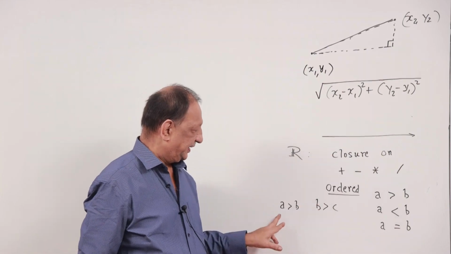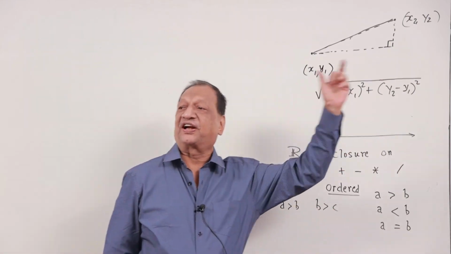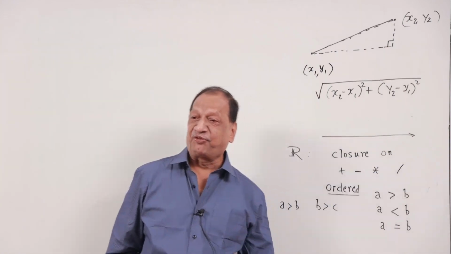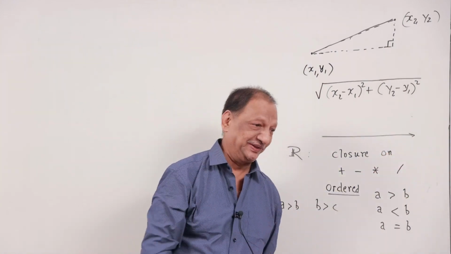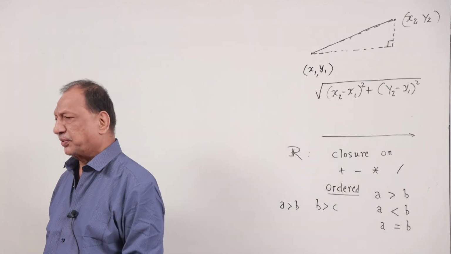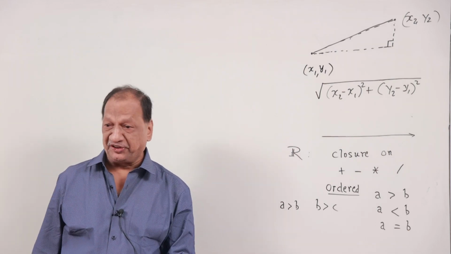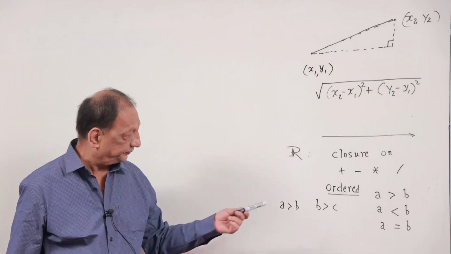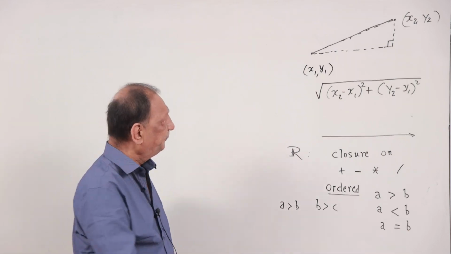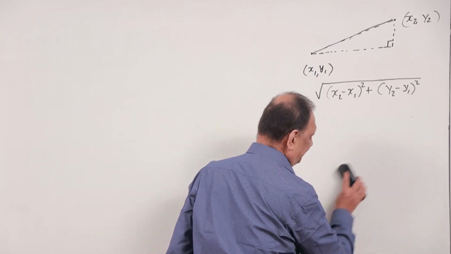If A is greater than B, A is right of B, and B greater than C means C is left of B. Therefore, C must be left of A also. So these two properties are very important for the real number system. Not all sets have these kinds of properties, closure and ordering. That is fine. Now, the distance between 2 points, we have seen, no problem.